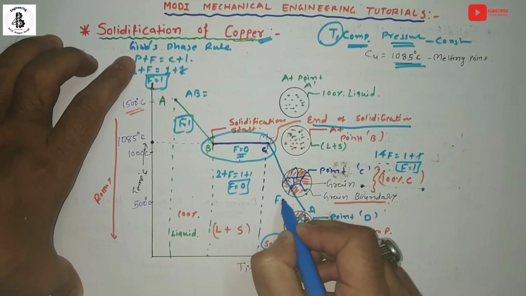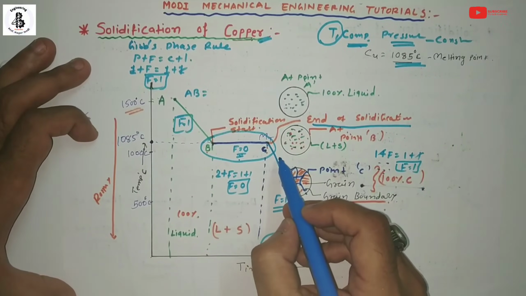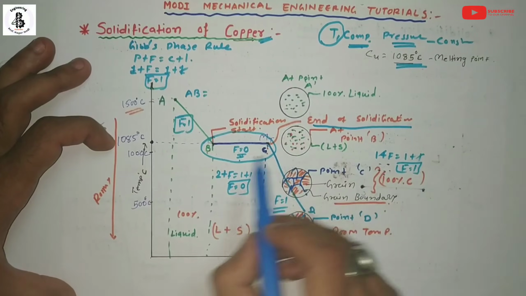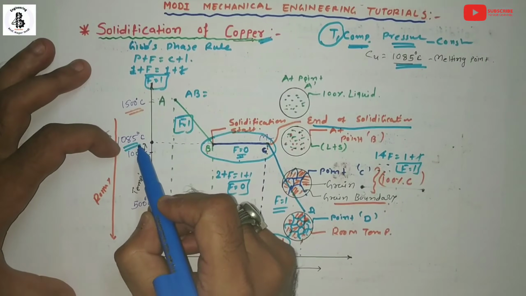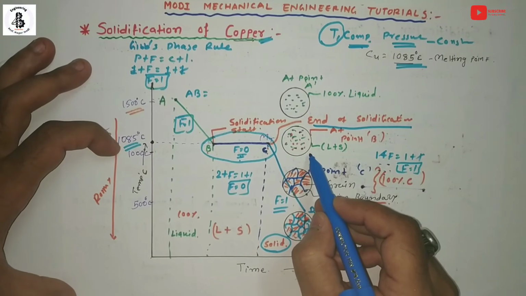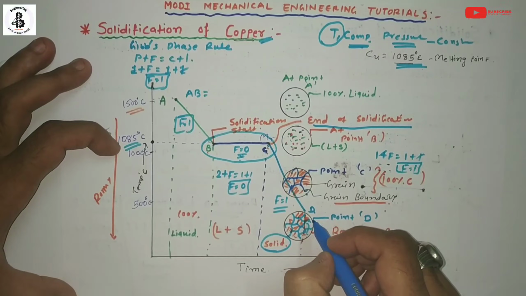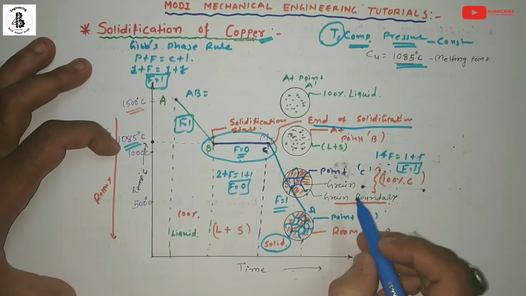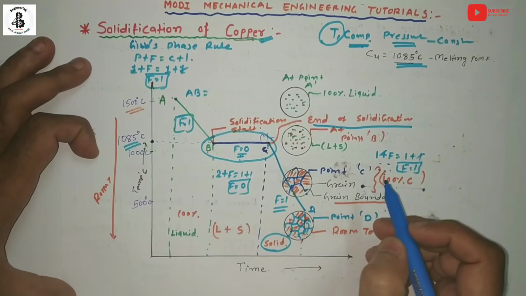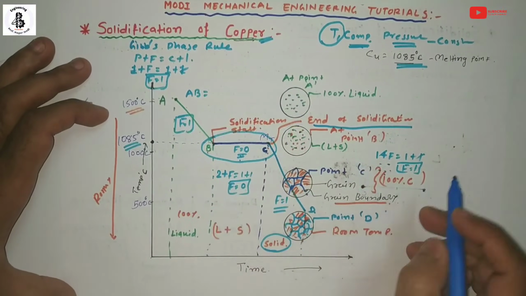Note down F is equal to 1, meaning only temperature changes. Temperature drops from 1085 degrees centigrade to room temperature without changing the solid phase. It remains solid, with just a rearrangement of the grains and grain boundaries. That is the total solidification of copper, validated by the Gibbs phase rule.